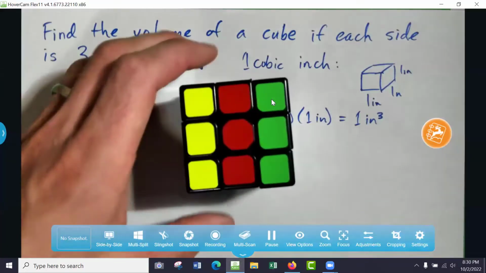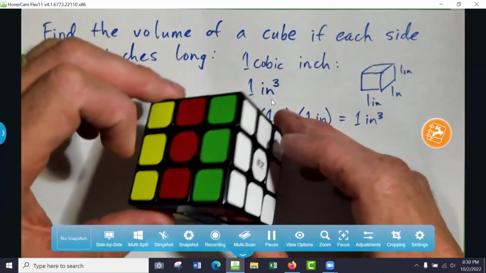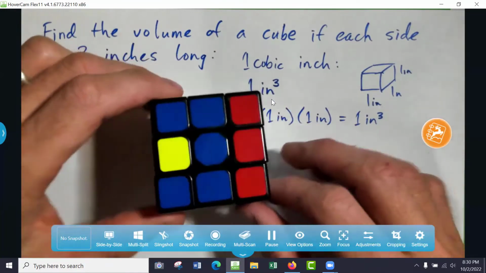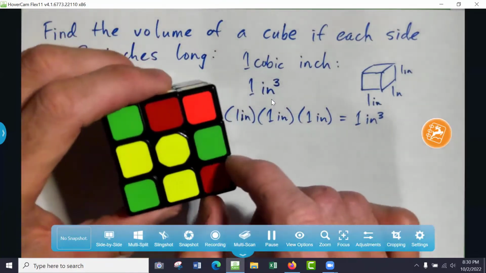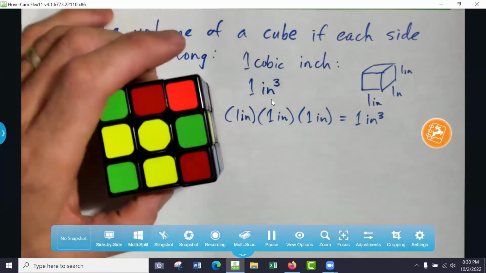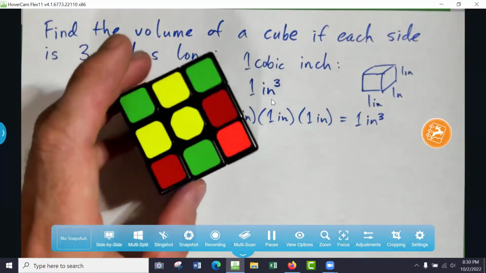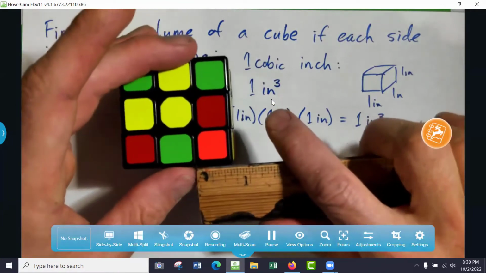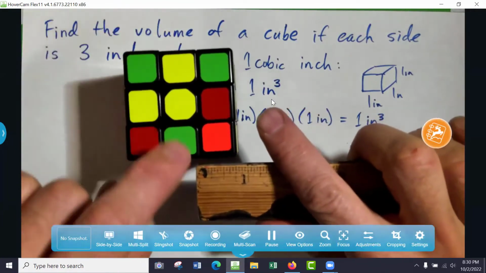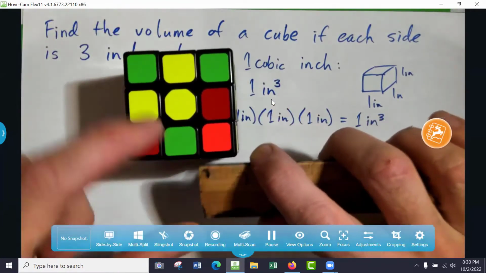All right. So can you see this Rubik's Cube here? Imagine that each of these cubes, and these are not 1 inch in length, here's my ruler, it's not 1 inch long, but I just want you all to imagine it is.